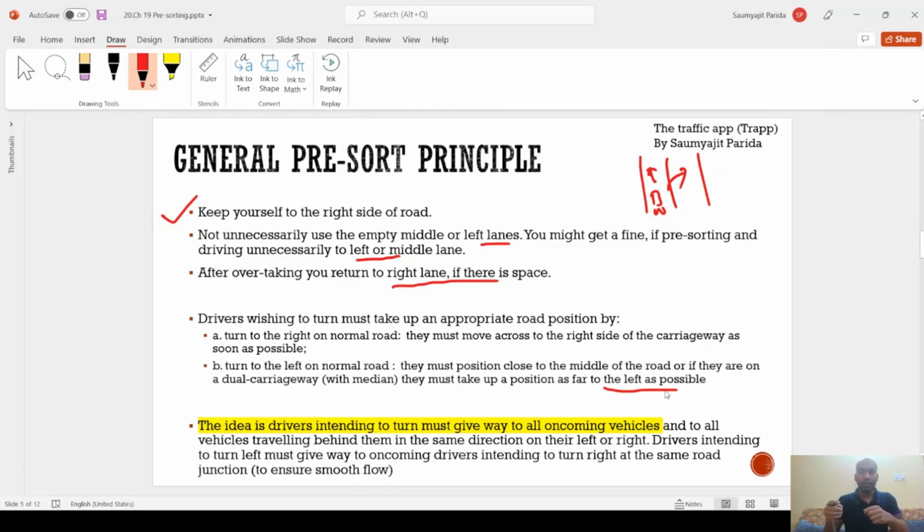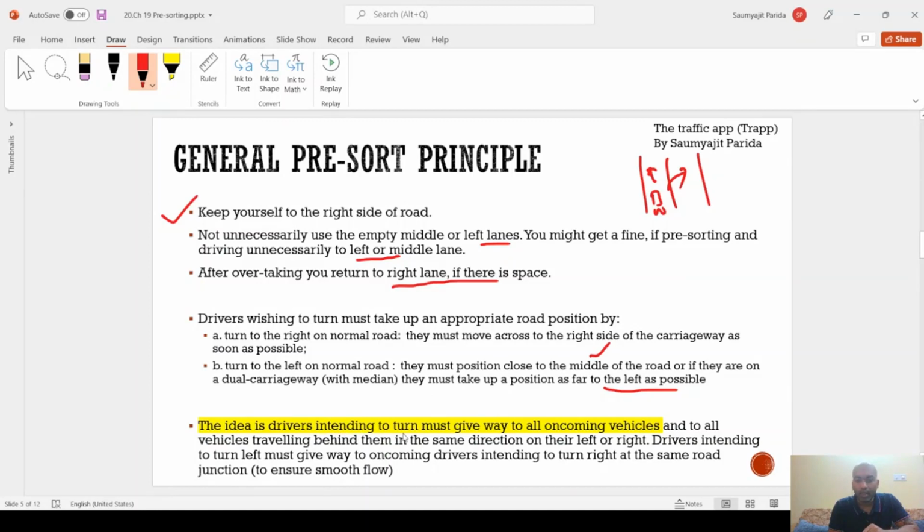If they are on a dual carriageway with a median, then I must take up the position as far to the left as possible. Even if it is a two-way road but a single road, then I must position to the middle of the road.